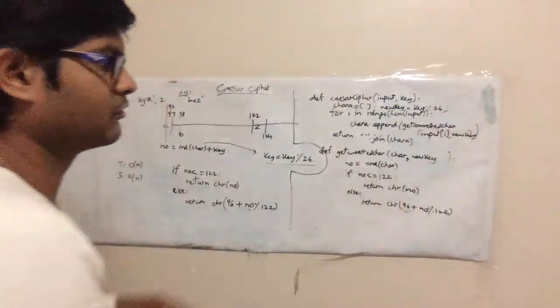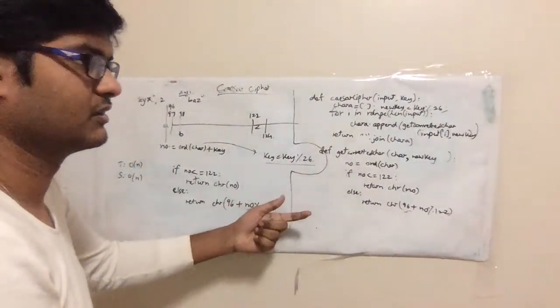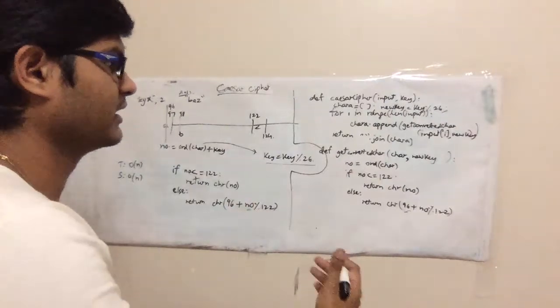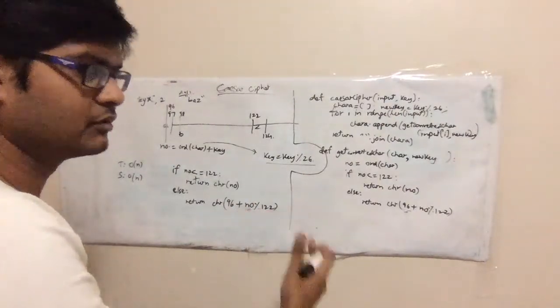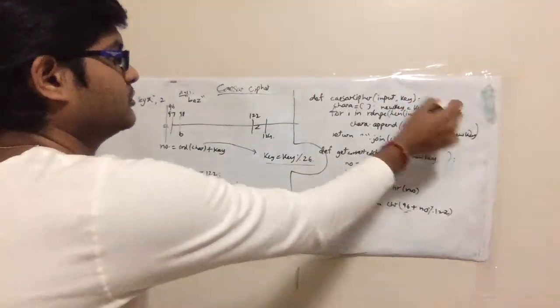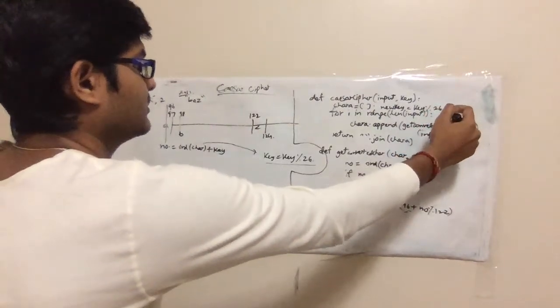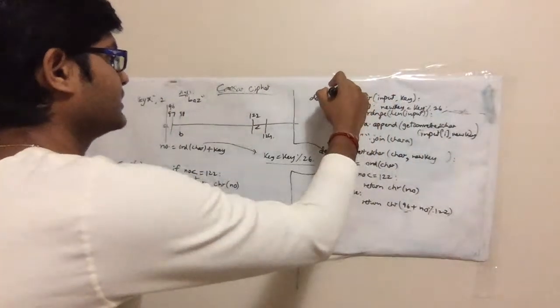In that case, if you don't want to use ord or chr, we can create something like a list. We need to make our own mappings. So this has to be the part that comes here. I'm going to write here.